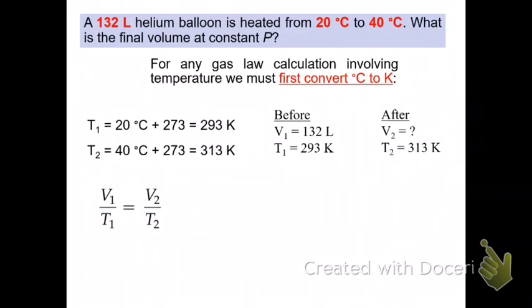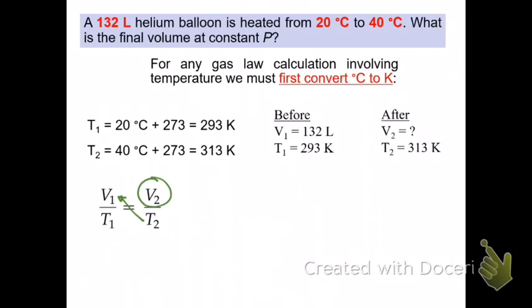The equation right here is the one that we need. We're trying to calculate final volume, so all you have to do is move final temperature over here, cross multiply, and that isolates V2.